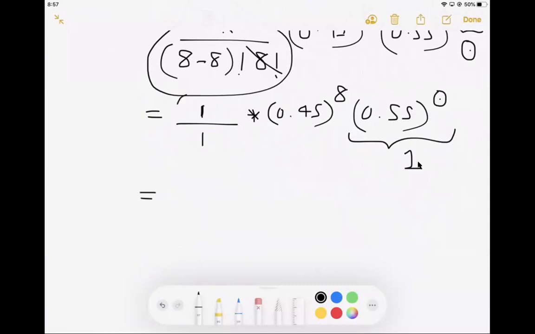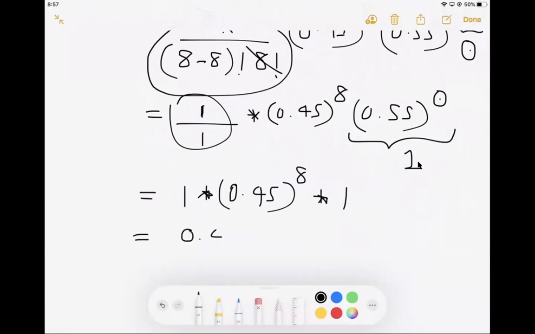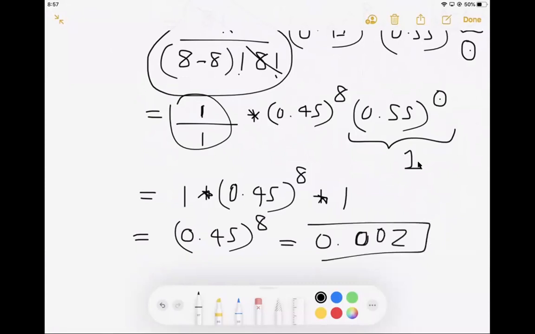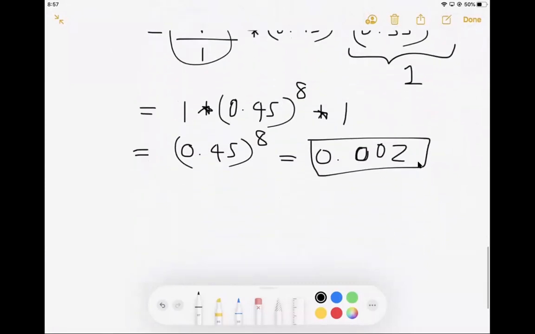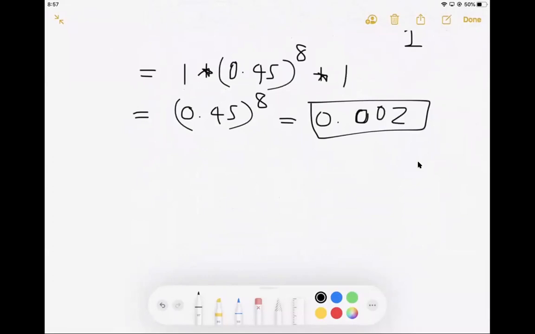So this part is also 1, multiplied by 0.45 to the power 8. Again it's 1. So what is the final answer? Just this. The answer is 0.002.